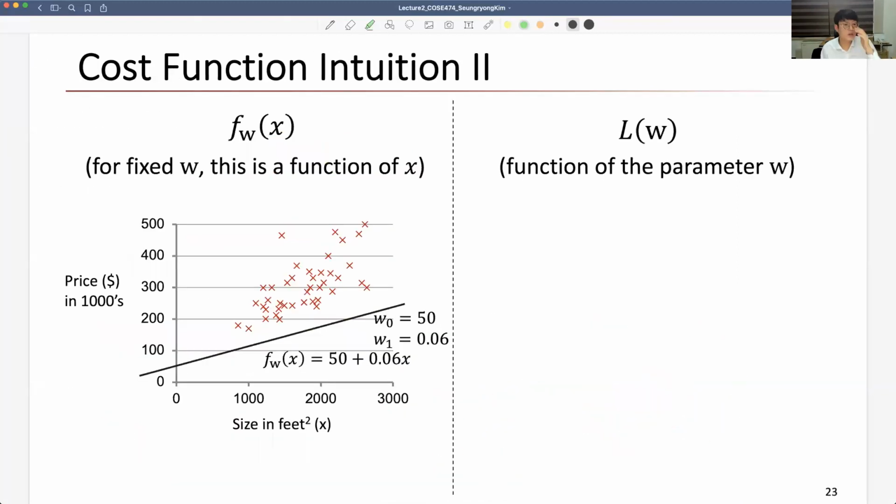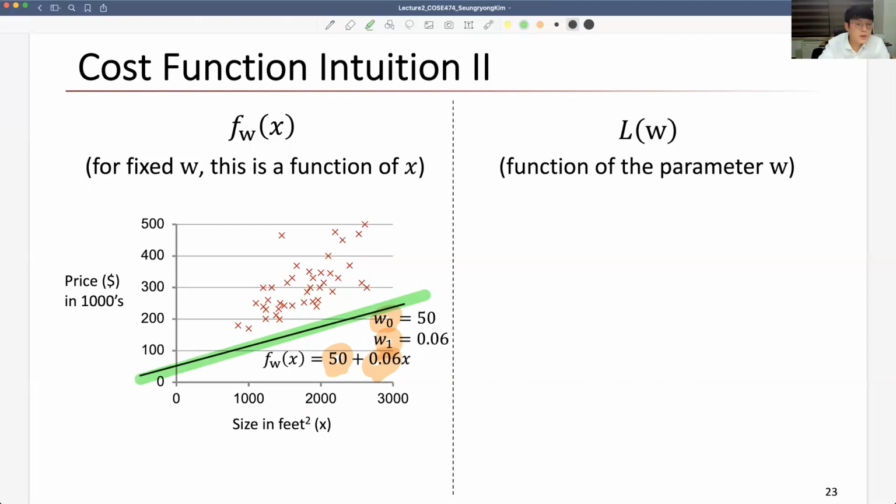Okay, so let's continue. In this case, we now have two variables, W0 and W1, right? So W0 is here, W1 is here. Let's think about W0 equal to 50 and W1 equal to 0.06. Then we can draw the straight line, something like this, right?